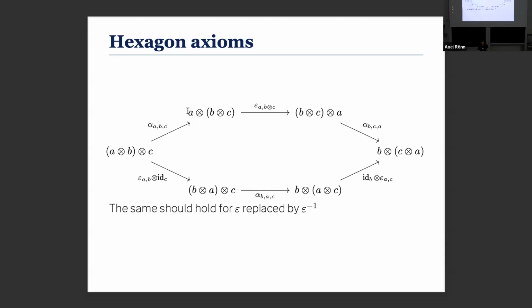But the point is, if we have A tensor B tensor C, and I want to go to B tensor A tensor C, by swapping the factors I can do it in two different ways, and of course I should get the same thing. And the same thing should hold for the inverses. Good. Right, so if you have this, you get the representation.